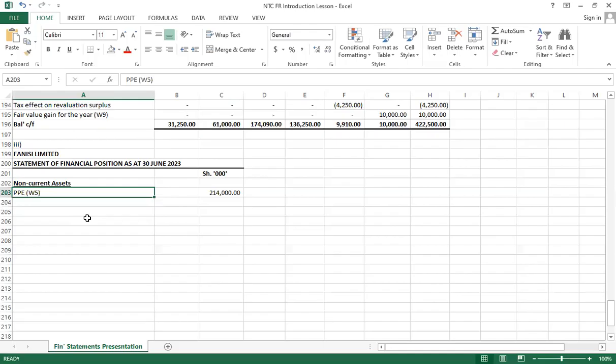IAS 16 requires that you combine and consolidate all of them, and in this balance sheet only present the summarized figure. You have to be very mindful of that, because in the last sitting this was a catching point with a lot of candidates.